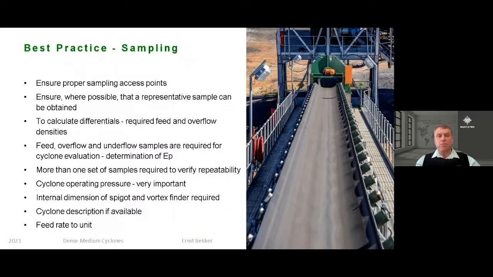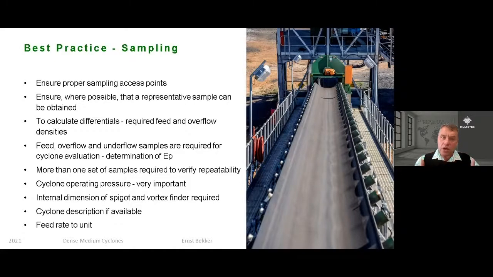Then in terms of sampling around the dense media cyclone, this is now relevant for operations where you can actually sample the material and analyze the material. Most relevant for coal. On other commodities, you use HLS separations. Quite expensive, time consuming, and some of the operations don't do that.